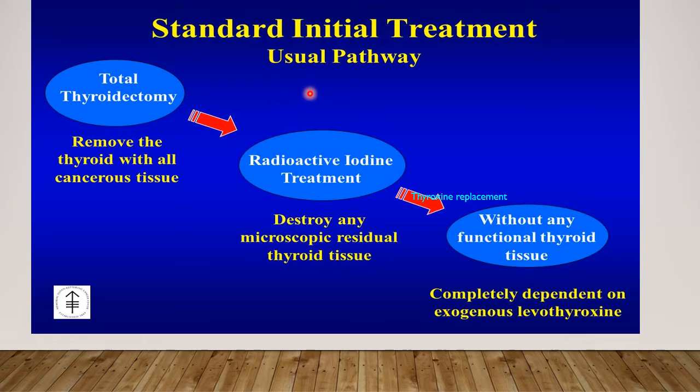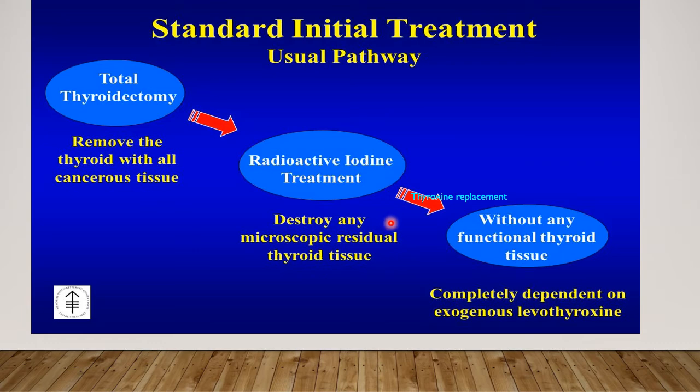The standard initial treatment of thyroid cancer is shown in this diagram. First, total thyroidectomy is done to remove the thyroid with all the cancerous tissue. This is then followed with radioactive iodine treatment to ablate all the microscopic residual thyroid tissue that may be left behind.